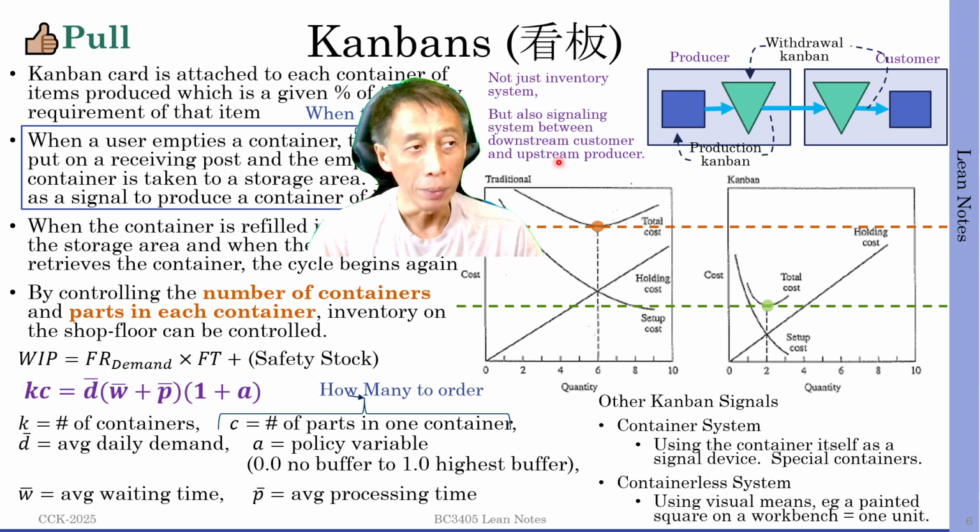At any point in time, you see that if the demand is very low, the swapping frequency will be very low as well, right? Because it takes a long time to consume the flow units in the Kanban. And therefore, the producer will not keep on producing only to see more and more finished inventory on the producer side, increasing holding costs, increasing the area of storage, and so on and so forth.